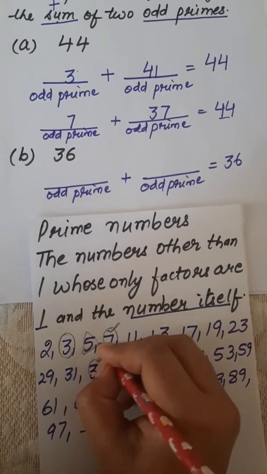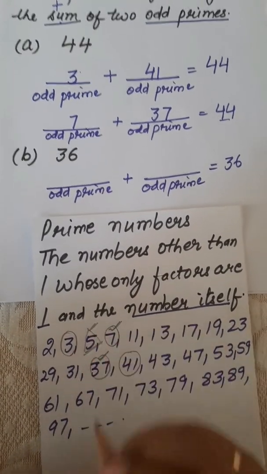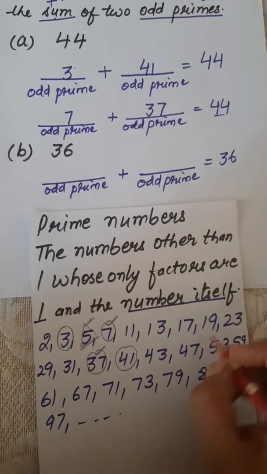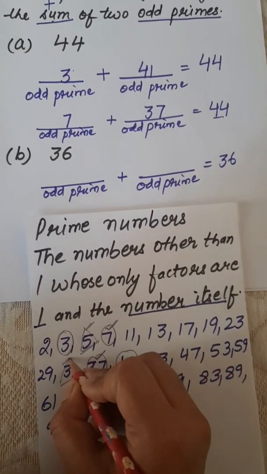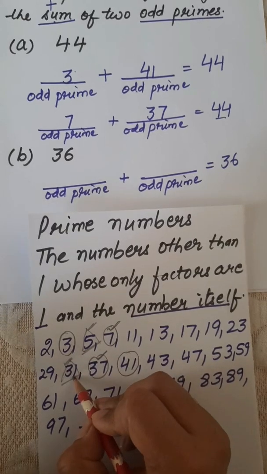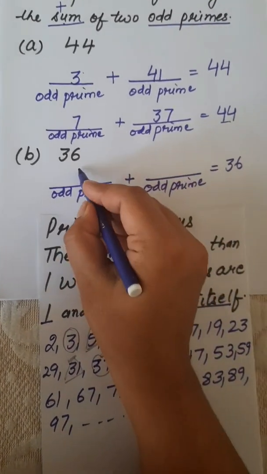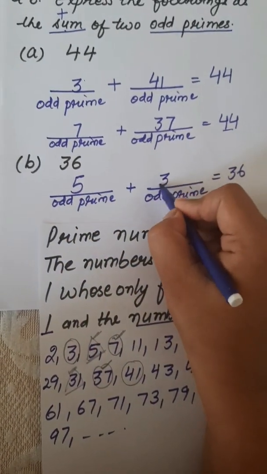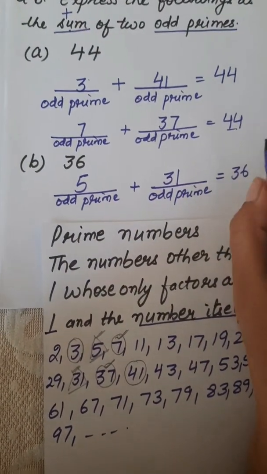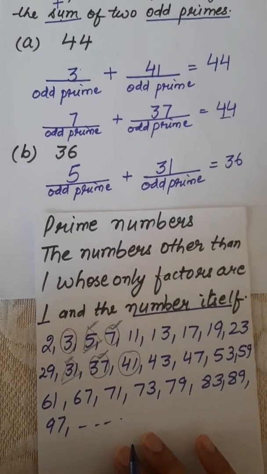If I take 5, an odd prime number, and 31, then 5 plus 31 is 36, and both are odd prime numbers. So I will write 5 plus 31, both are odd primes, and I will get 36.